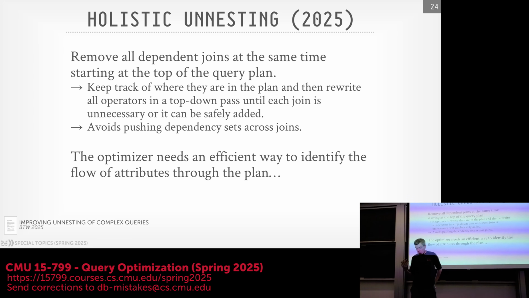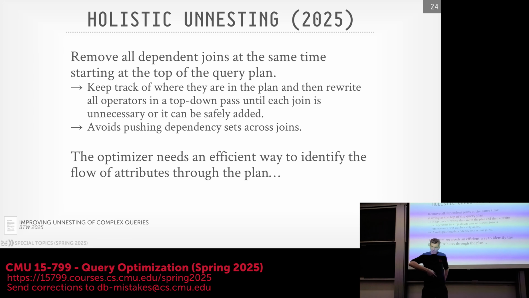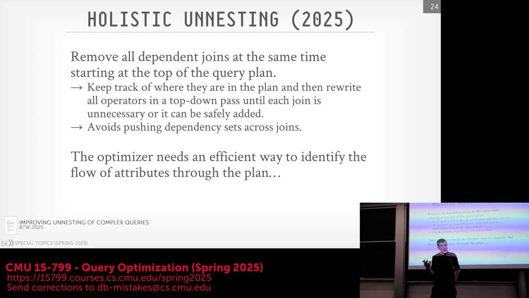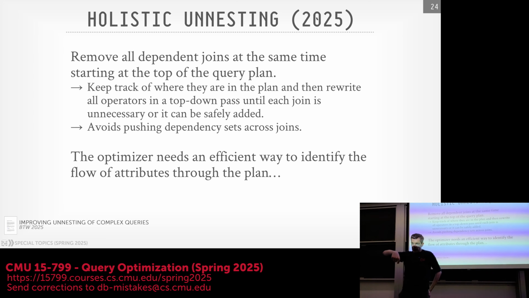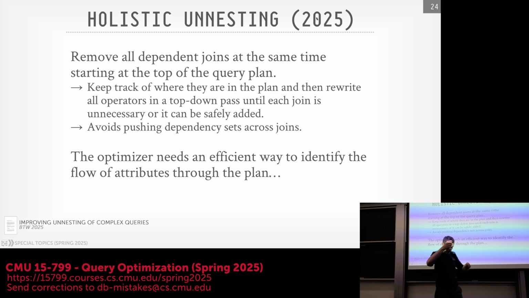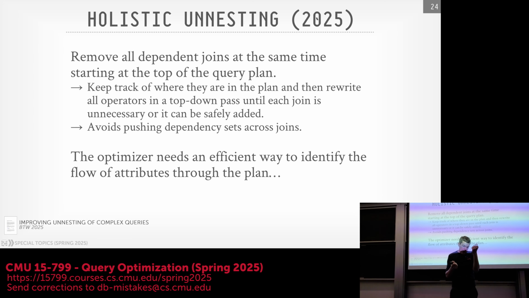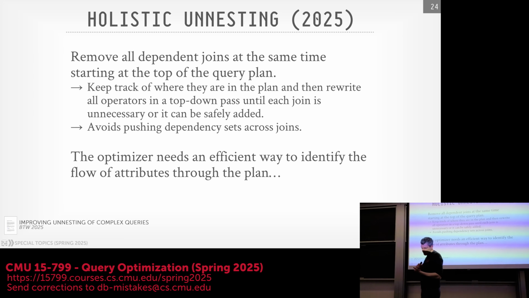This one they call holistic unnesting, where you first do a pass on the query plan, figure out where all your dependent joins are, and then work from the top to the bottom and try to eliminate them. In some cases, if a dependent join has another dependent join below it, it may end up getting eliminated before you get to that second dependent join. Or if you keep going down and see a second, third, or fourth dependent join, you can reason about how to combine them all together at once.